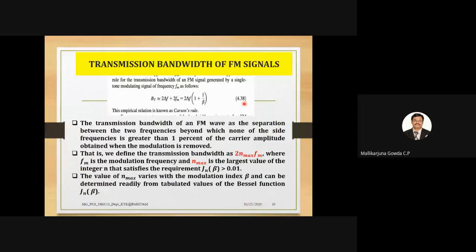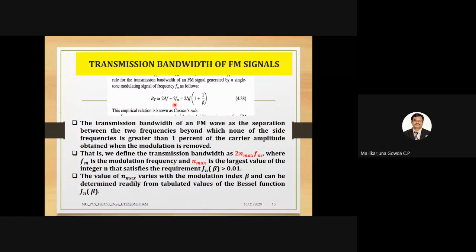what I can say is the bandwidth required for transmission of the FM signal is given by an empirical formula known as Carson's rule. Okay, Carson's rule. This is an empirical relation. What he has suggested is the transmission bandwidth required for transmitting the FM signal, approximated as 2 delta f plus 2 times the frequency of the message signal.